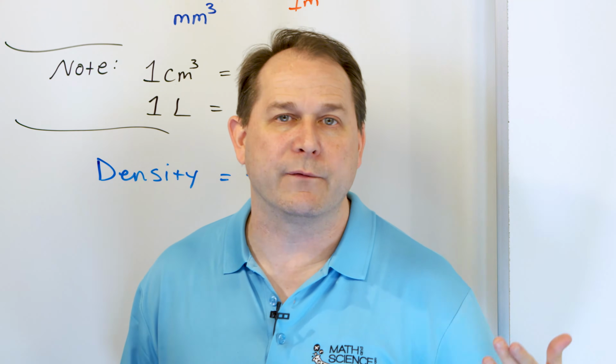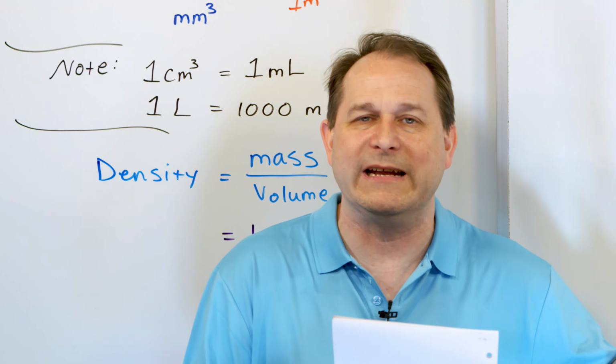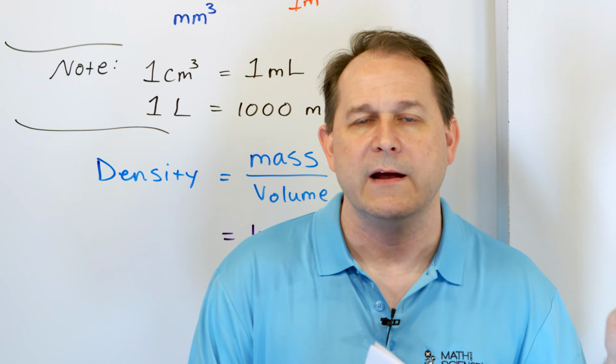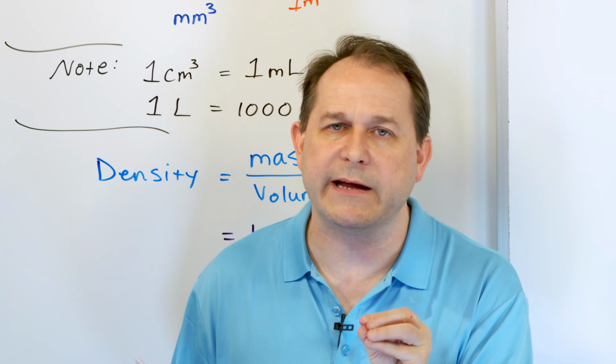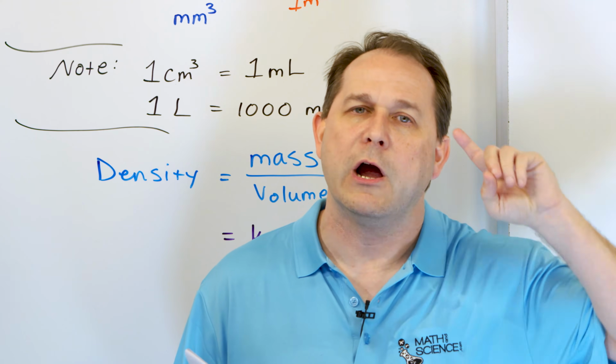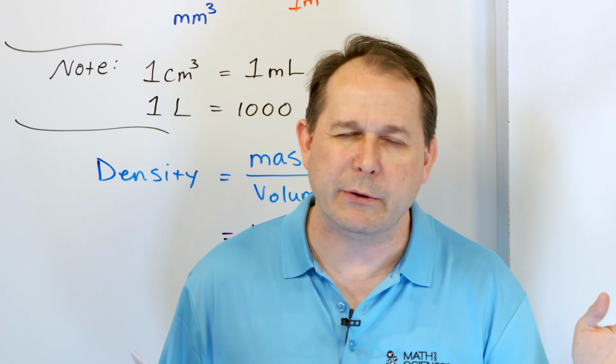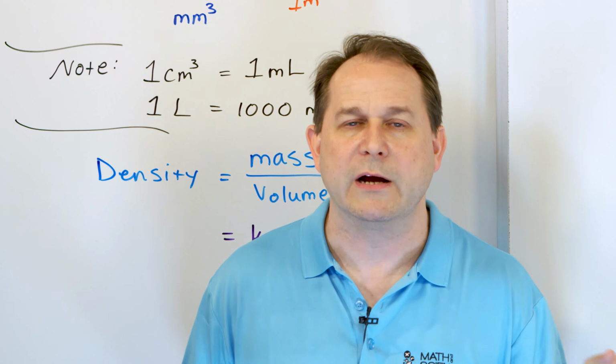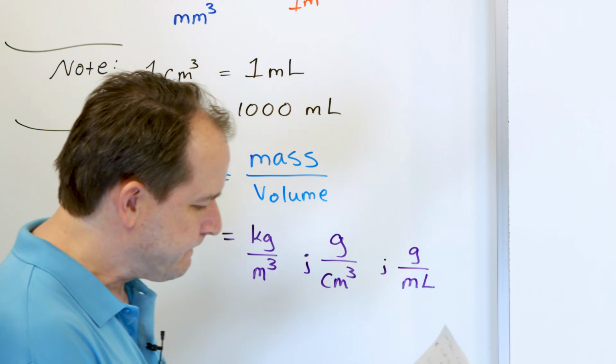I keep saying it over and over again because sometimes you will see it expressed different ways, in different textbooks, sometimes even different formulas may have the units different, but a milliliter is the same thing as a cubic centimeter. I want you to try to remember that. Most things I don't ask you to remember because we can use the periodic table or look it up in a book, but I want you to try to remember that, okay?